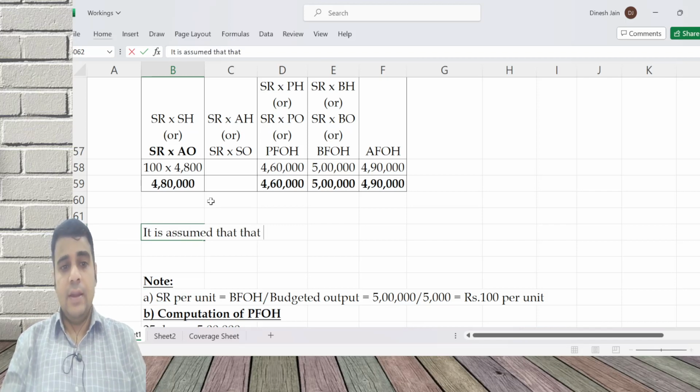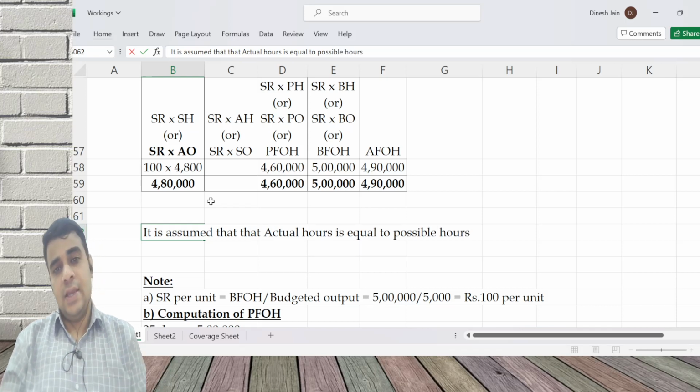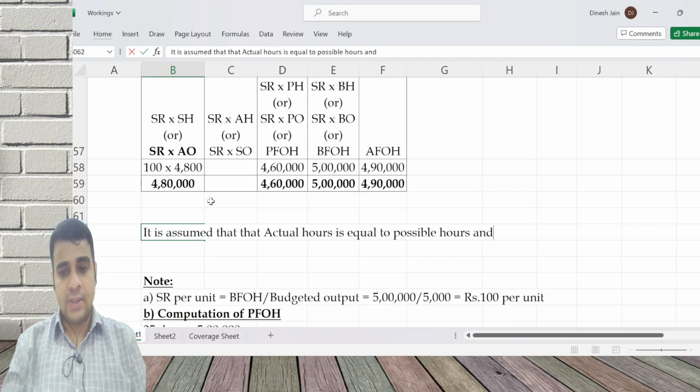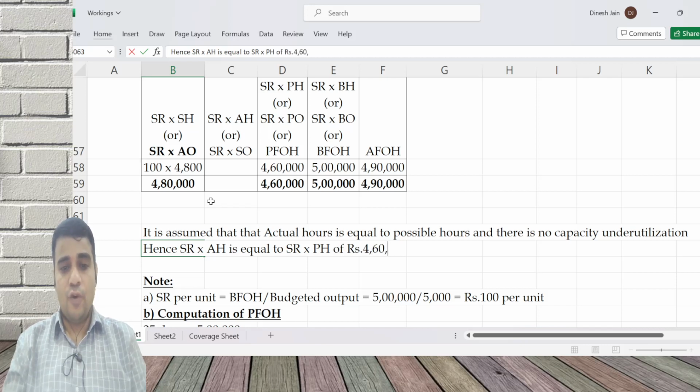It is assumed that actual hours is equal to possible hours, and there is no capacity underutilization. Hence, SR into AH is equal to SR into PH of rupees 4,60,000.